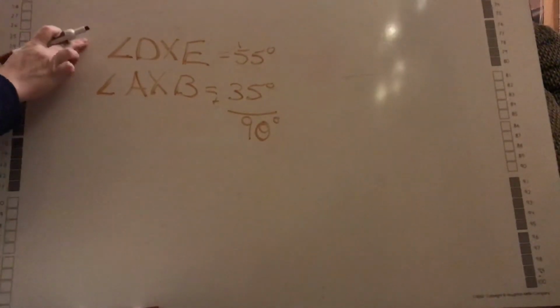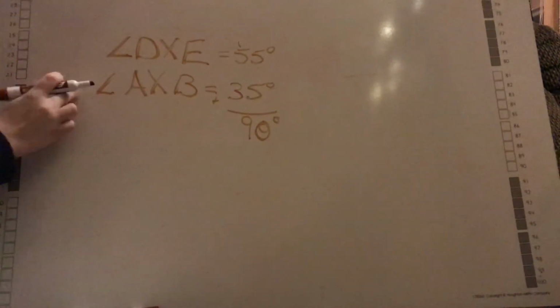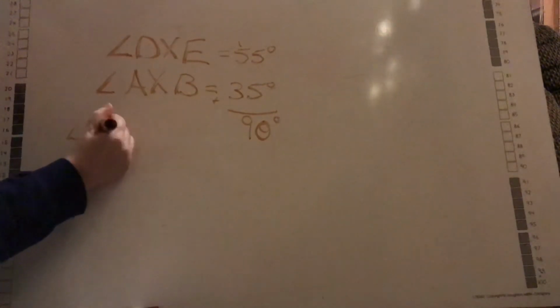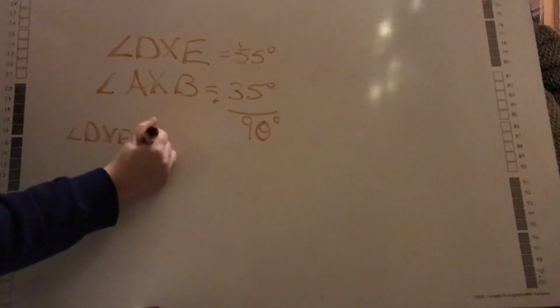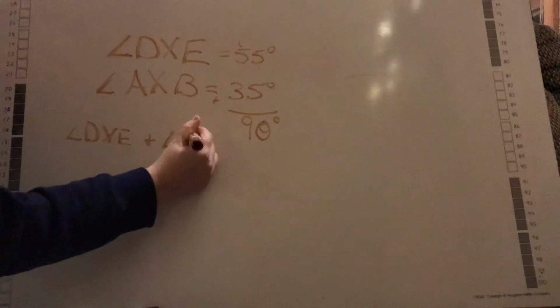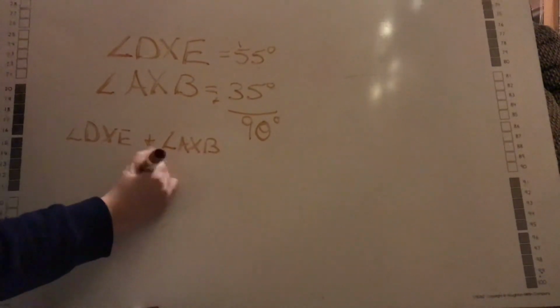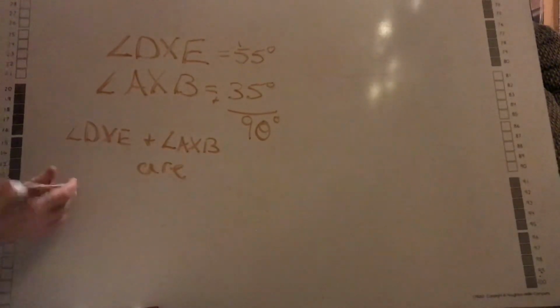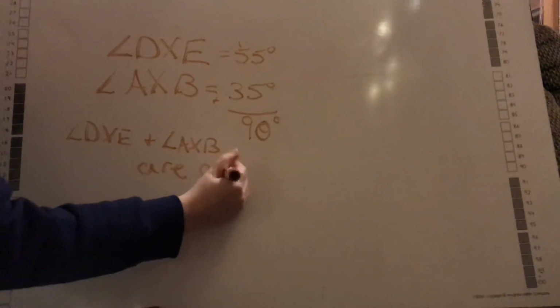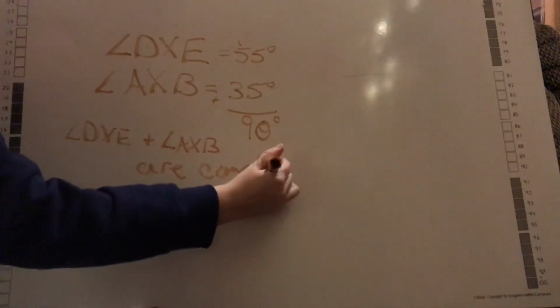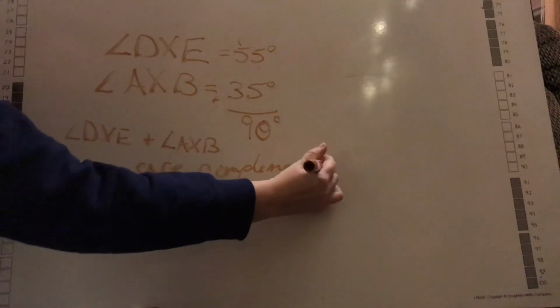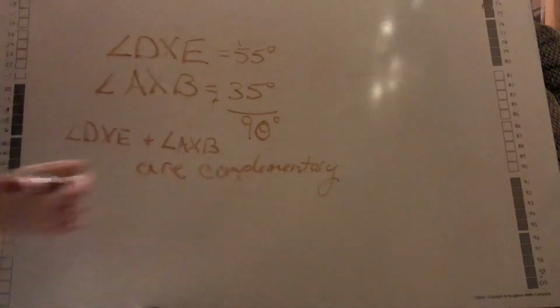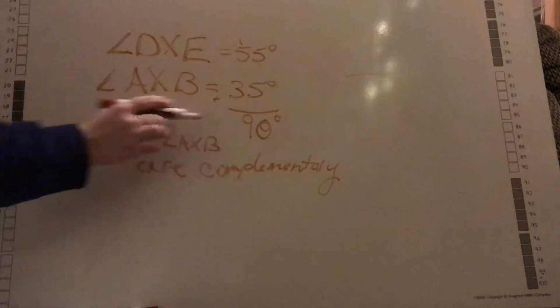So DXE and AXB are complementary, because they add up to 90 degrees.